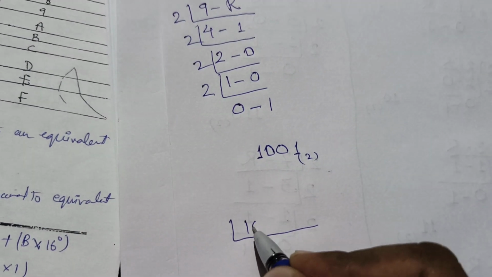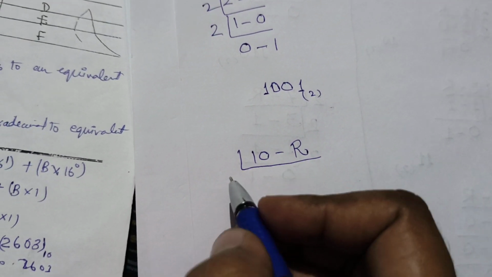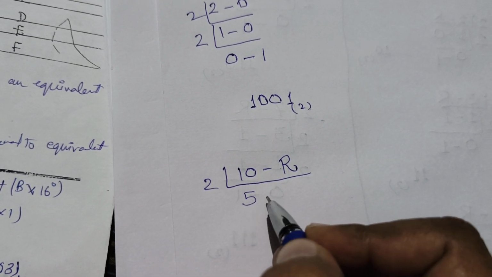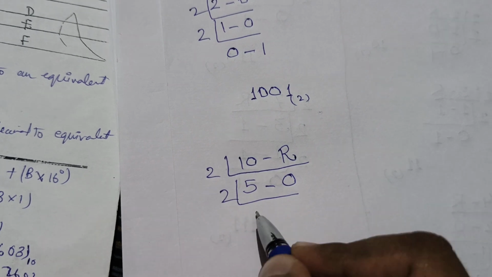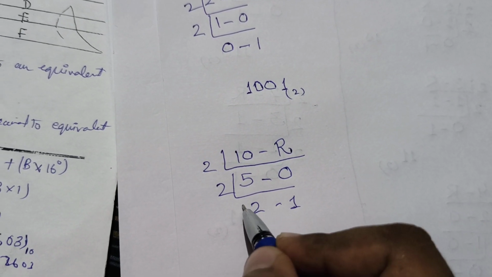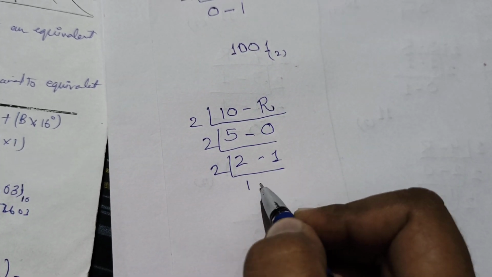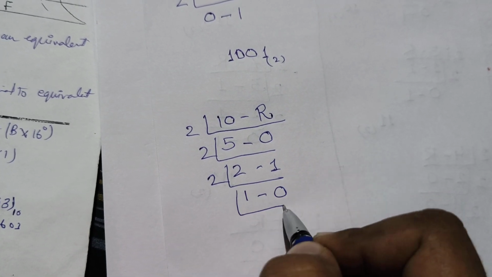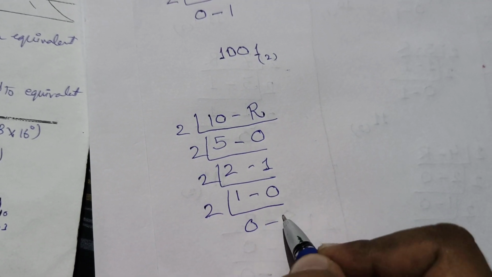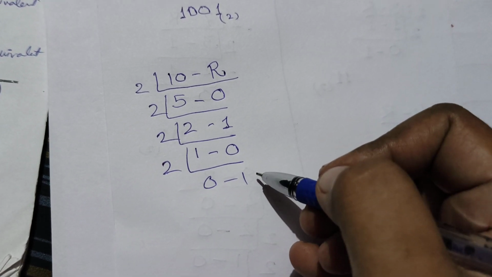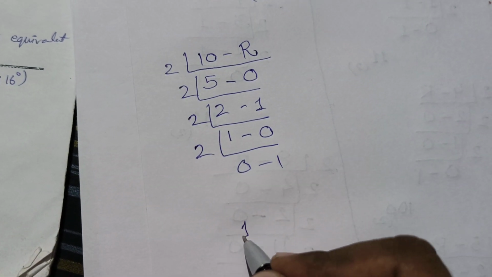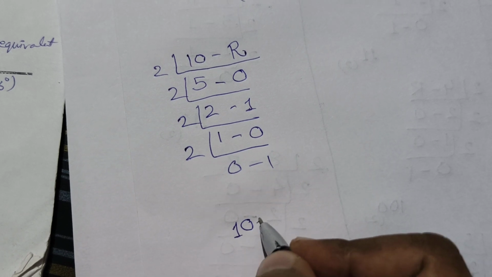So this is 10, 2 5s are 10, remainder is 0. 2 2s are 4, remainder is 1. 2 1s are 2, remainder 0. Now it is 0 1. So from bottom to top the value is 1010, a 4 digit value.